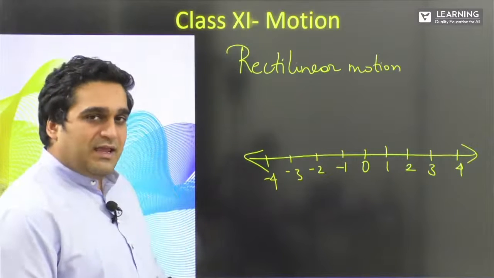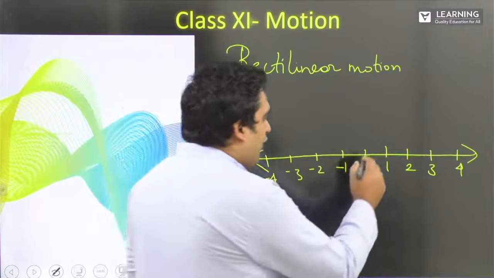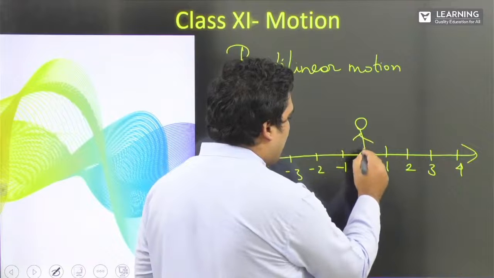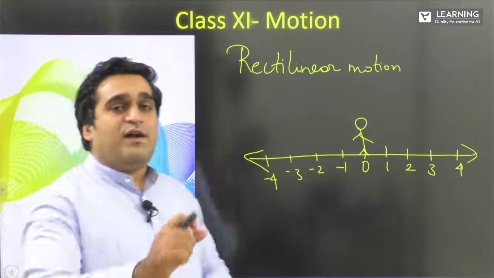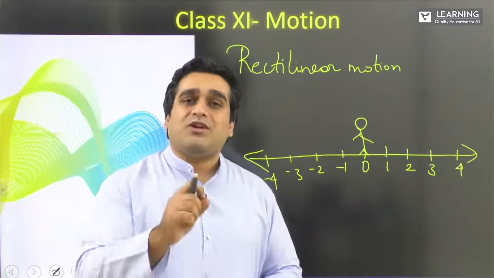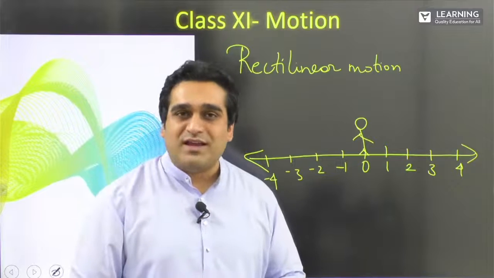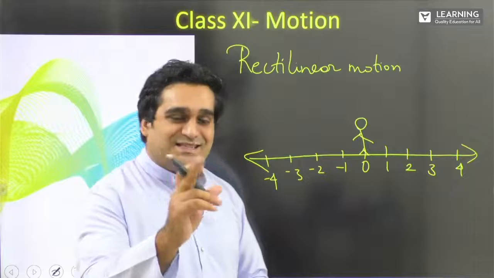Now let's take an example of an object, say a person who is located at a point 0. Now, if I ask you the question, what is the position of this person? Where is he located on a number line? On the point 0.